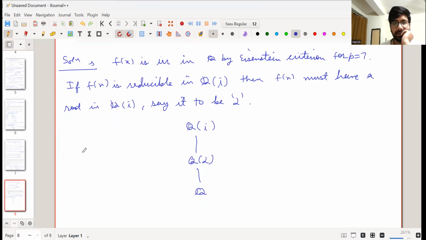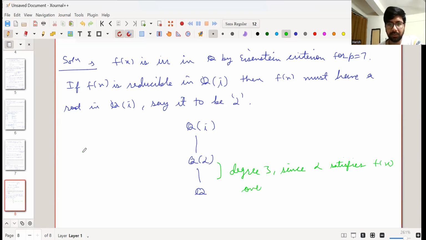But here to here you have degree 3, since alpha satisfies f(x) over Q, and this is also irreducible. So degree 3, but here to here you have degree 2.